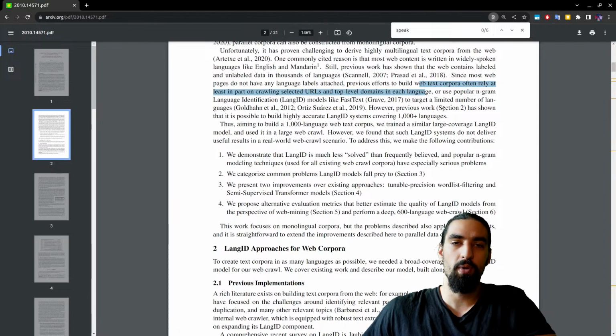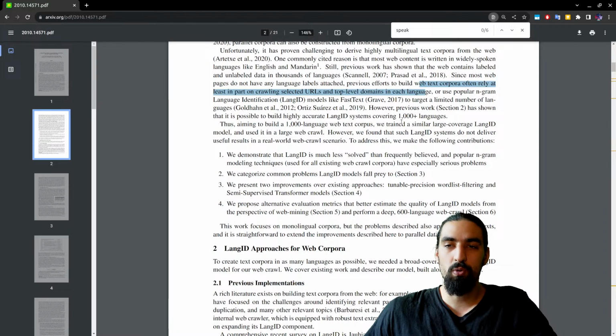Since most web pages do not have any language labels attached, previous efforts to build web text corpora often rely, at least in part, on crawling selected URLs and top-level domains in each language, or use popular N-gram LIDs like fastText to target a limited number of languages.